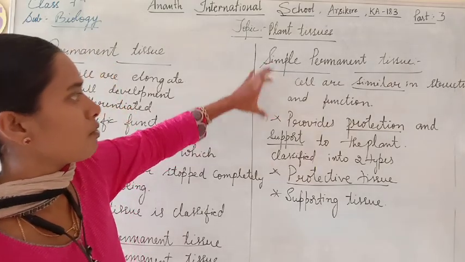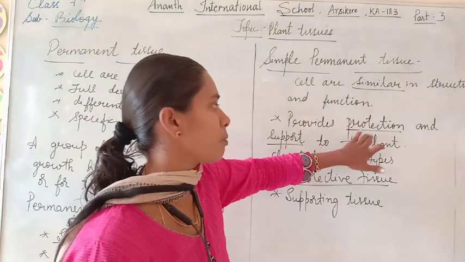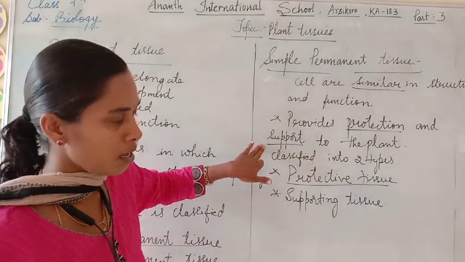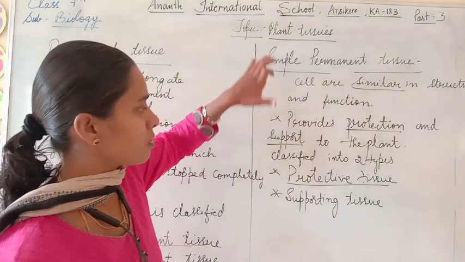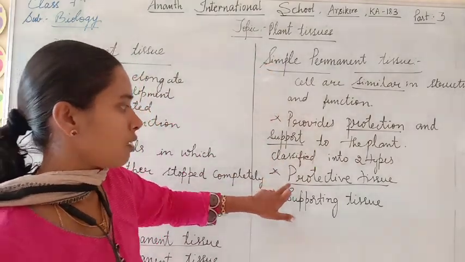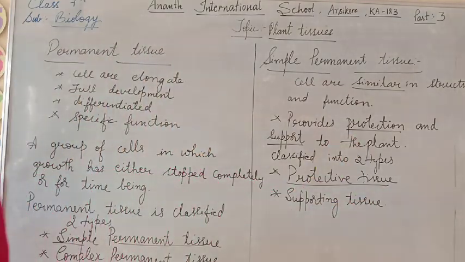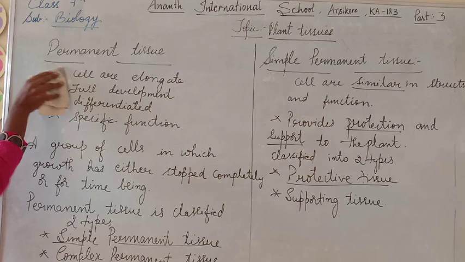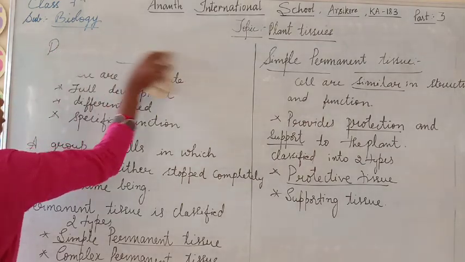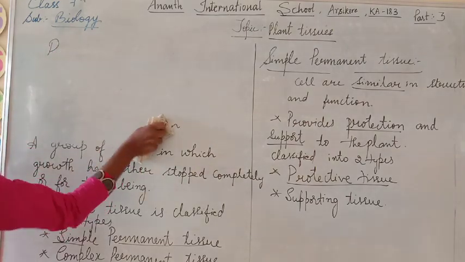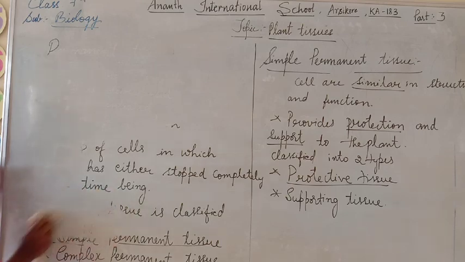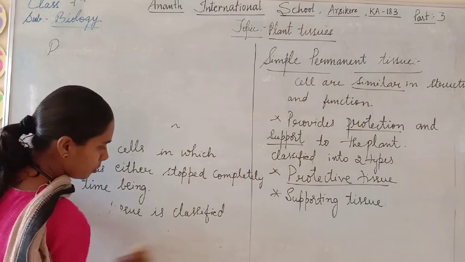The function of simple permanent tissue is to provide protection and support to the plant. Based on this, it is classified into two types, that is protective tissue and supporting tissue. Now we shall study the protective tissue.